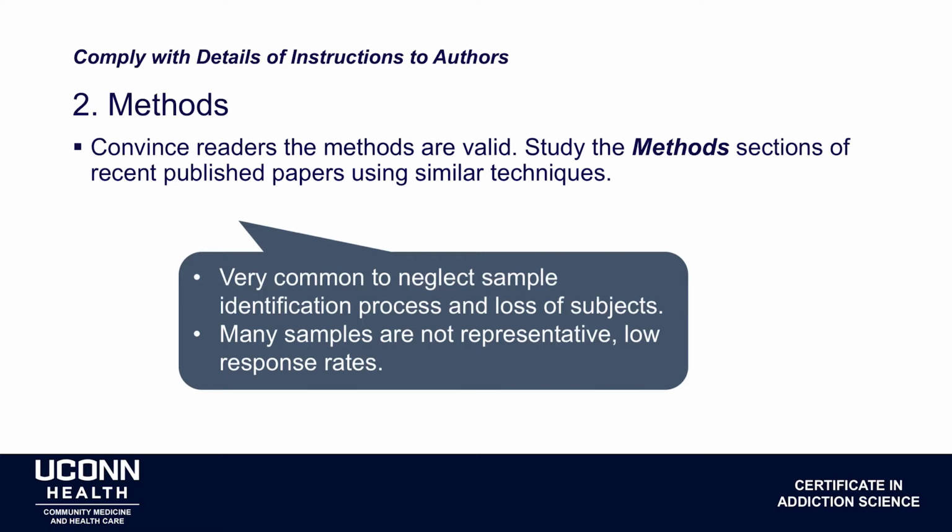If a sample is not representative, or if you have low response rates, it's not necessarily a fatal flaw, but you have to deal with it in the methods section in terms of making the argument that this particular sample may have limitations, or it may be representative even if there was a high attrition rate. If you don't deal with it there, you can be sure that the reviewers are going to pick that up.